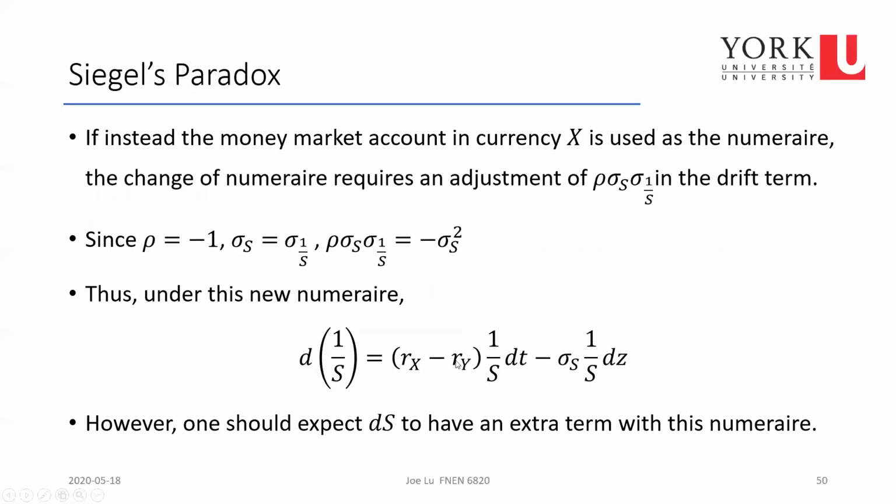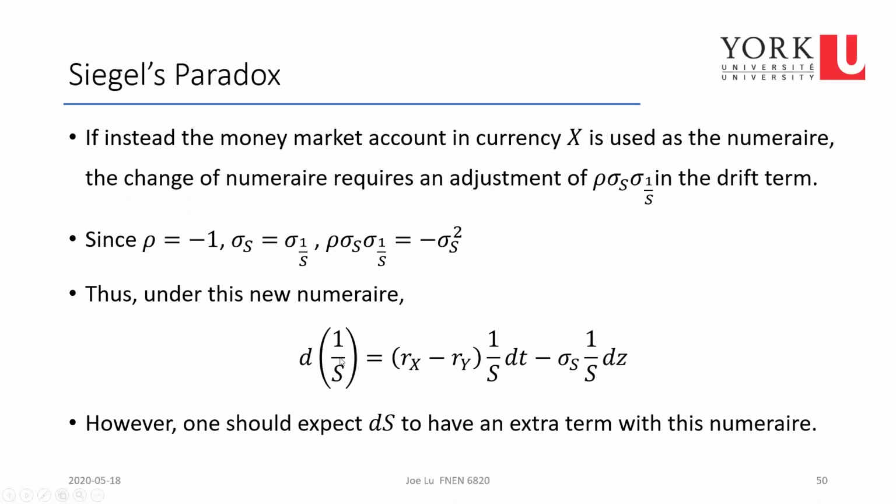Then you will recover this typical term that people would think that would take form. But this form will only be true if the money market account in currency X is used as a numeraire.